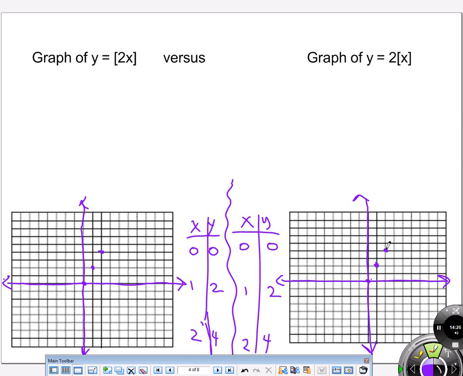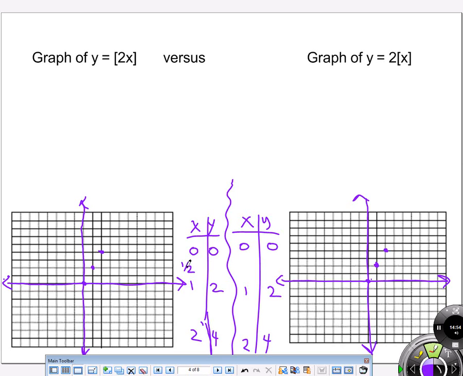Okay. So then the question is, what's happening in between? Because there's got to be something a little bit different that's going on. So I'm going to pick numbers in between 0 and 1 and then try to see what's happening to the graph. Let's say I plug in 1/2. In this first function, when you plug in 1/2, the first thing you would do is multiply 1/2 by 2. 1/2 times 2 would give us what? 1. And then that, when it gets rounded, will stay at 1.